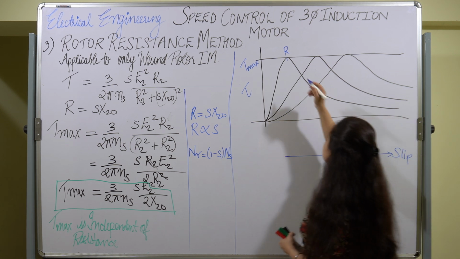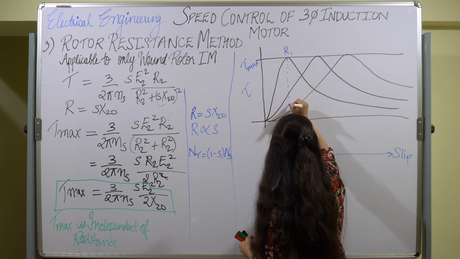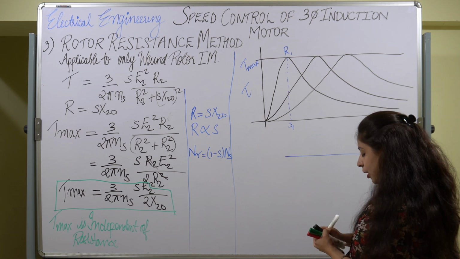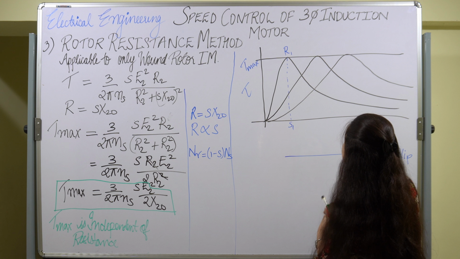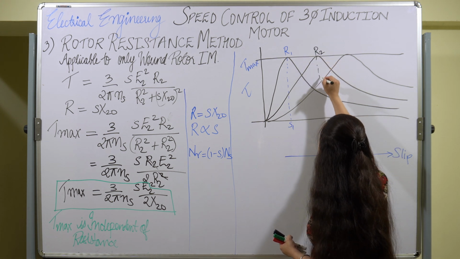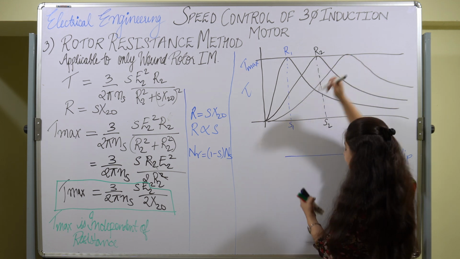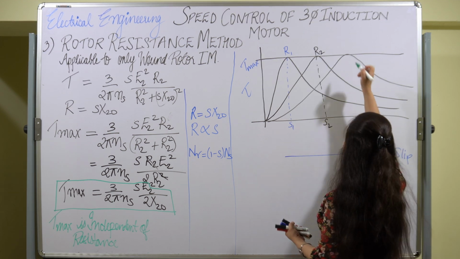Let us mark it as T1. At T1, my slip is S1. At the resistance R2, my slip is S2, and at R3 my slip is S3.